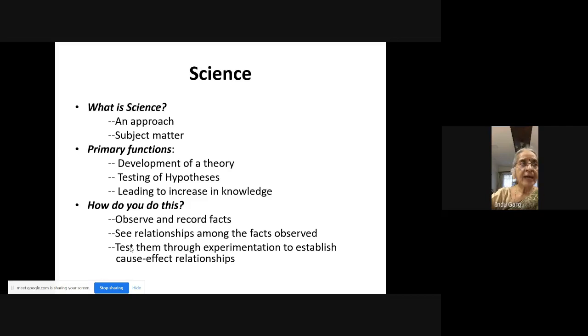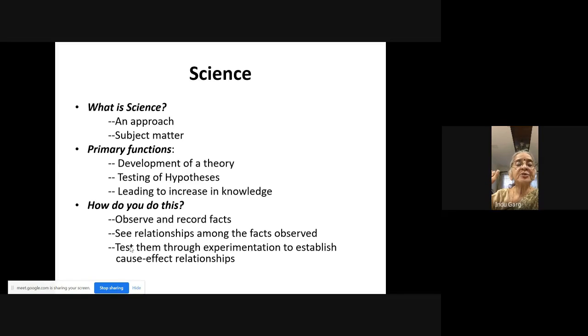So any explanation which has been arrived at and becomes a concrete solution will become a theory. Now, people will read the theory and again start researching on that. One can do that also. So the primary function of science will always be to develop a theory.